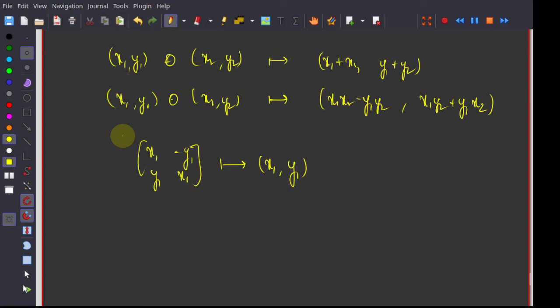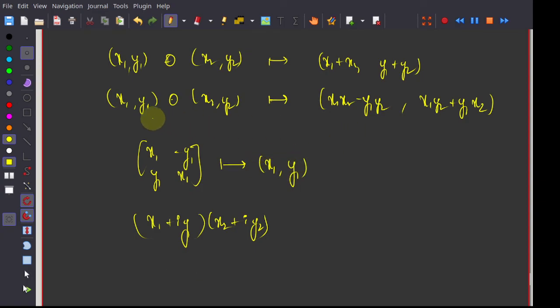It's basically another representation of complex numbers. I could as well write this as x1 plus i y1 and x2 plus i y2. I get the same.